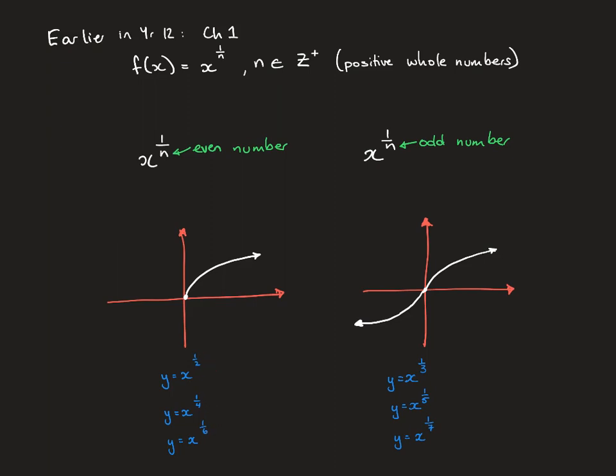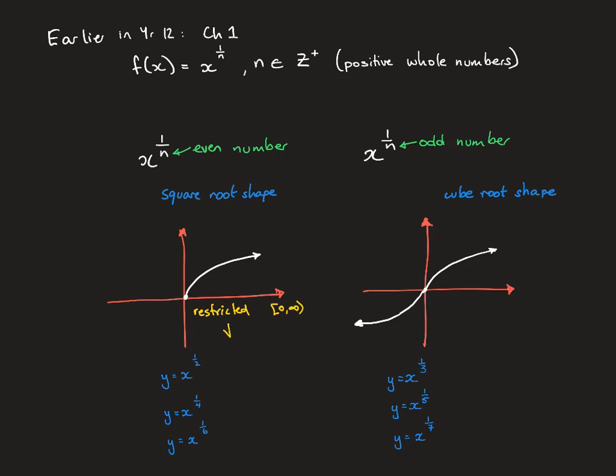And for n values that are an even number, so the 2, the 4 and the 6, we get this square root shape here. And you can see I've got an included dot at the 0. And that's because our square root function has a restricted domain of 0 to positive values.